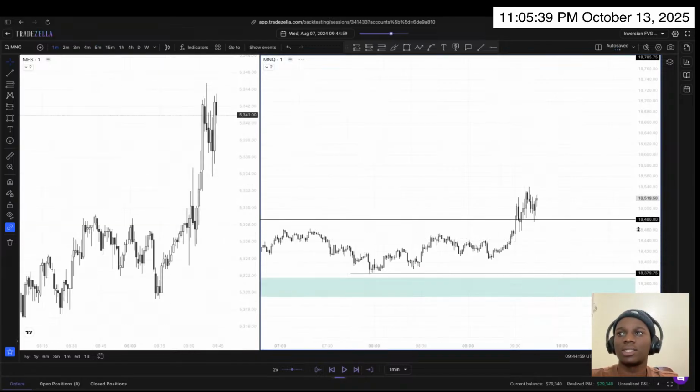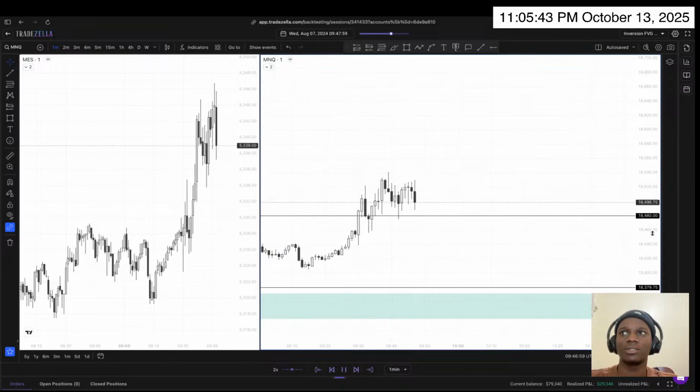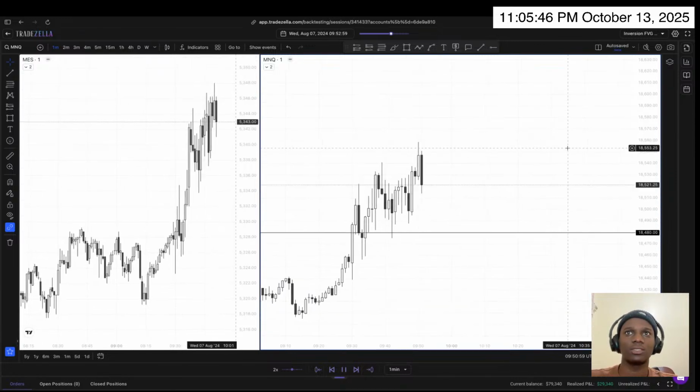So retracement back into the 5 minute gap, no fair value gap, I mean no inversion, so I'm just gonna sit here and wait.